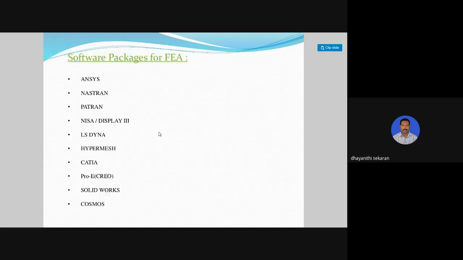Software packages of FEA. ANSYS, Nastran, Patran, NISA, DisplayTree, LS Dyna, Hypermesh, CATIA, ProE, SolidWorks, and Cosmos. These are all called FEA software packages.